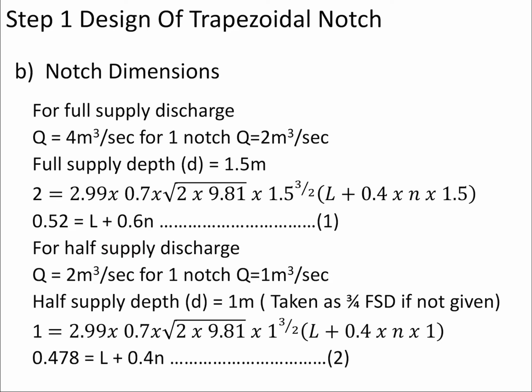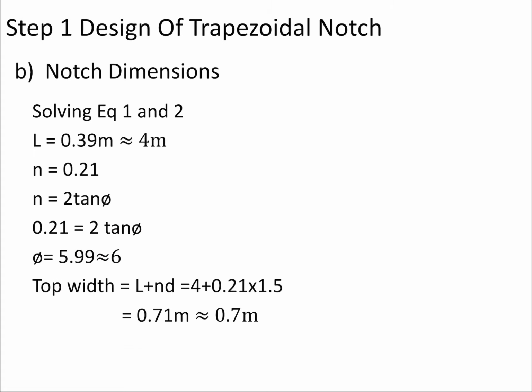So through one notch it will be 2 meter cube per second. Then half supply depth is given as 1 meter. If it is not given, then it is taken as 3 by 4th of full supply depth. Substituting that, we will get an equation 0.478 is equal to L plus 0.4N, equation number 2. Solving these two equations, we will get the values of L and N.